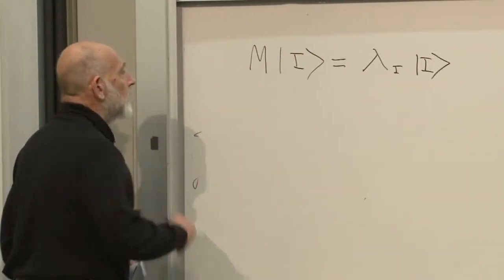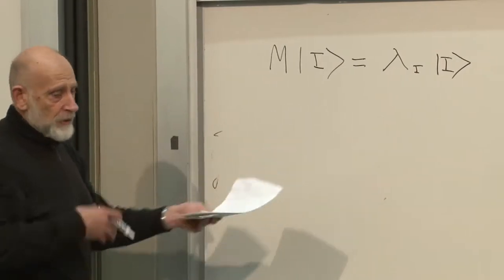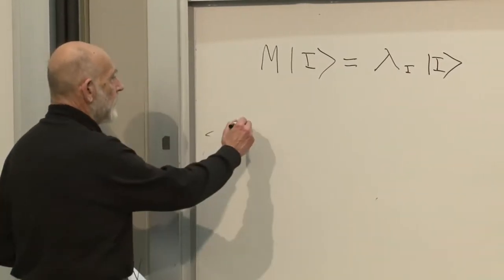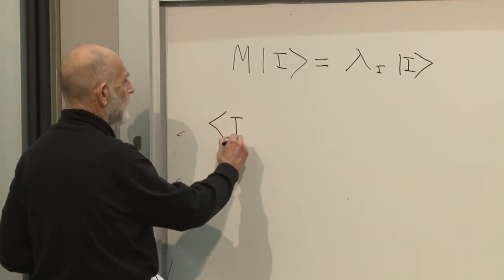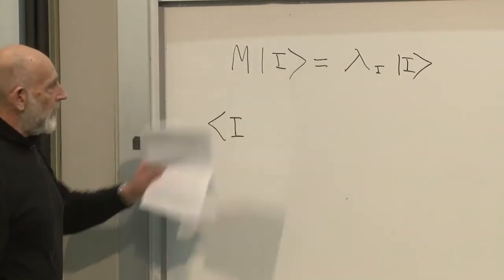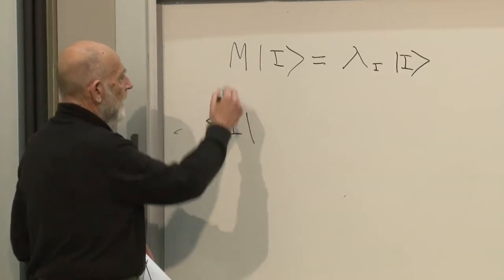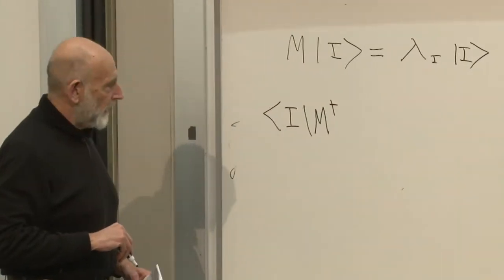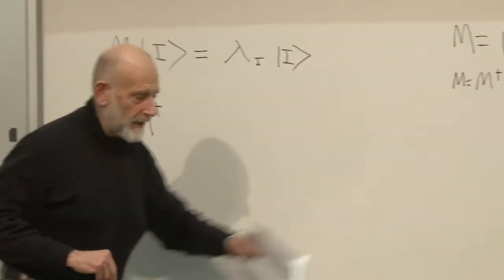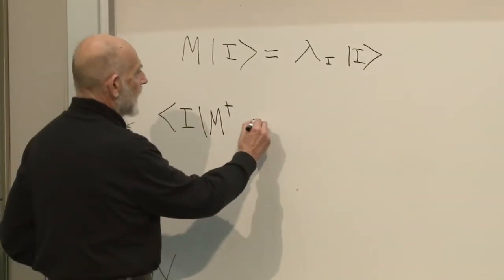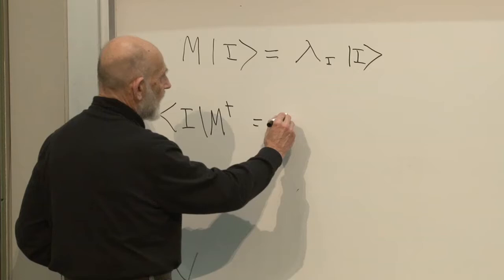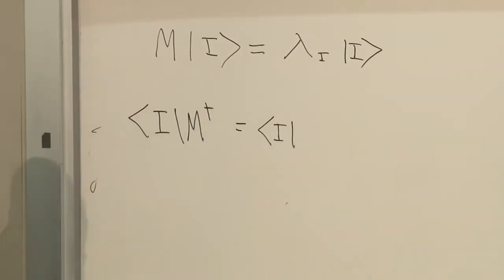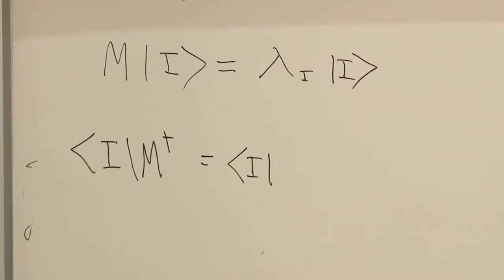Well, let's take this equation and flip it over into a bra equation. To flip it over into a bra equation, I take M and I replace it by M dagger. Well, that's not going to do much because M is equal to M dagger. And on the right-hand side, I flip the ket i, and what do I do with lambda in general?